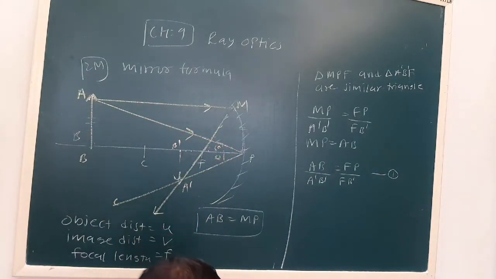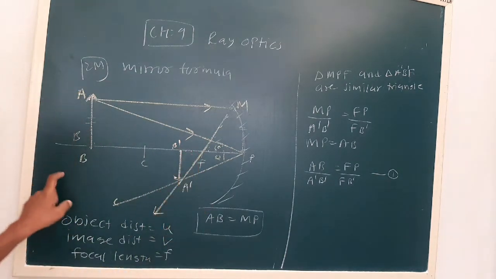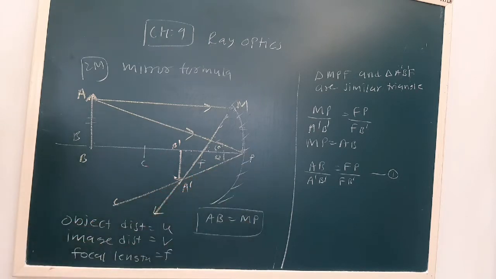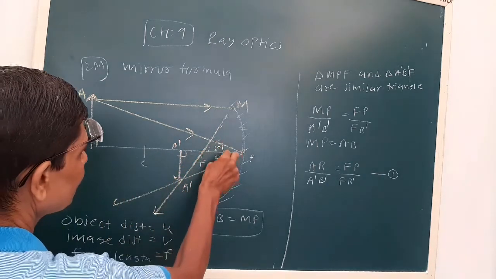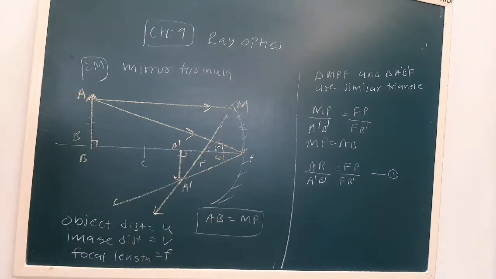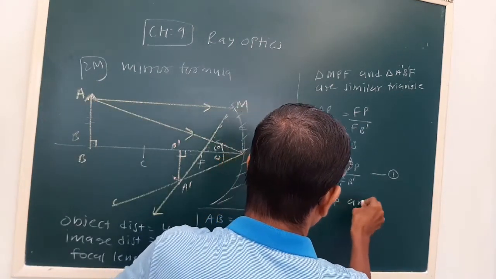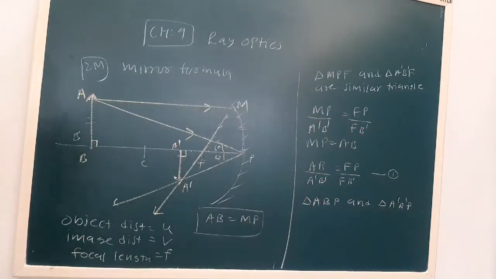Now see our triangle ABP and A'B'P by the same condition. This angle is 90 degree, this is 90 degree, this angle theta and theta are same. So triangle ABP and triangle A'B'P are similar triangles.